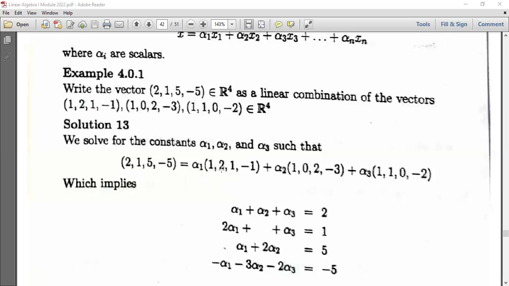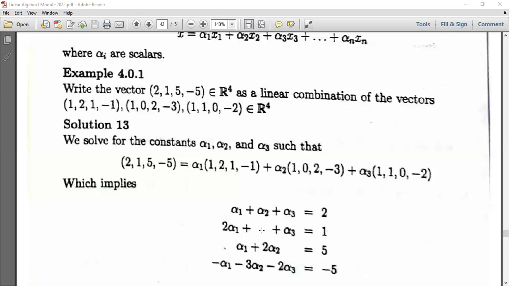Then the second entry: we have 2 alpha 1, alpha 2 is 0 because the second entry is 0, then plus alpha 3, that one should give us 1. So alpha 1 plus alpha 3 is 1.